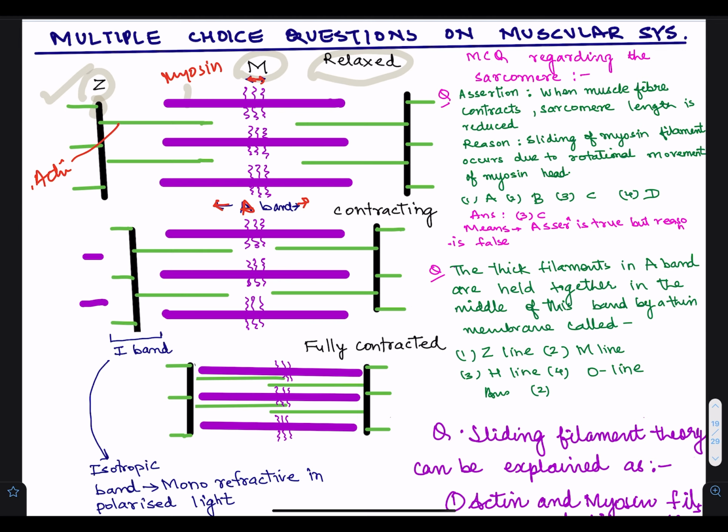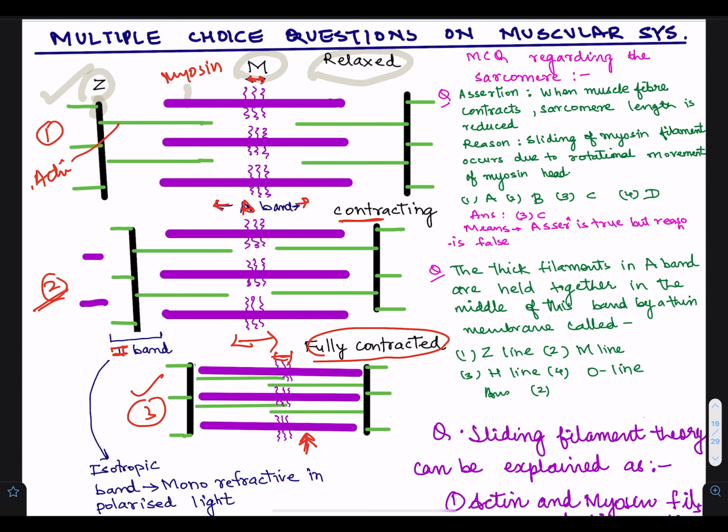This is the first diagram, this is the second diagram. In this, the muscle has started contracting. And in the last diagram, the muscle is fully contracted. You can see that the A band has disappeared in this last diagram.